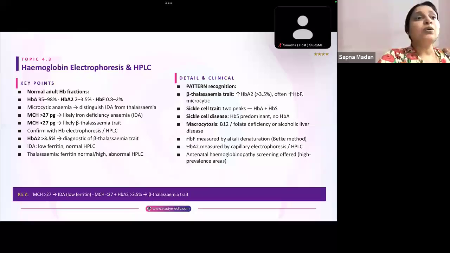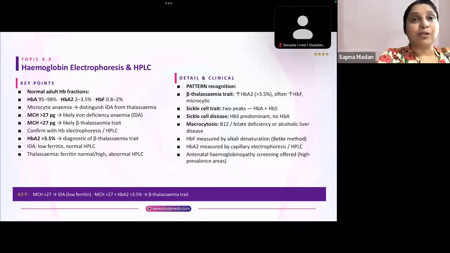Now, if you've come to a conclusion that this is something related to beta thalassemia, how are we going to determine it? Then we can do electrophoresis or HPLC, and we prefer HPLC because that is more diagnostic, more accurate.